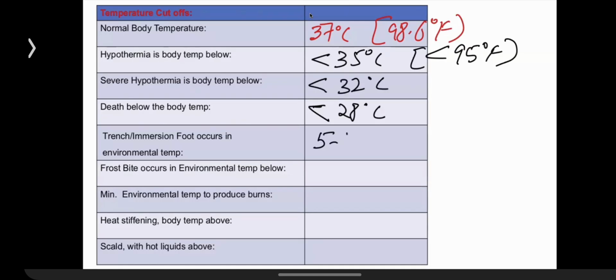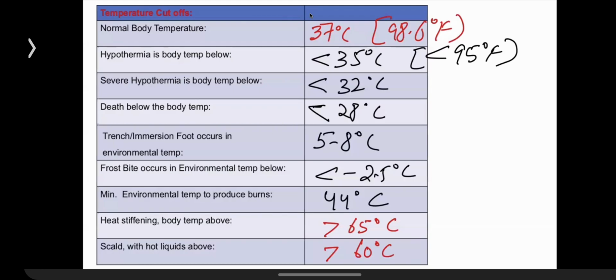Trench foot occurs between 5 to 8 degrees Celsius. Frostbite occurs below minus 2.5 degrees Celsius. Minimum environmental temperature to produce burn is 44 degrees Celsius. Heat stiffening occurs above 65 degrees Celsius, and scalds occur due to hot liquids above 60 degrees Celsius.